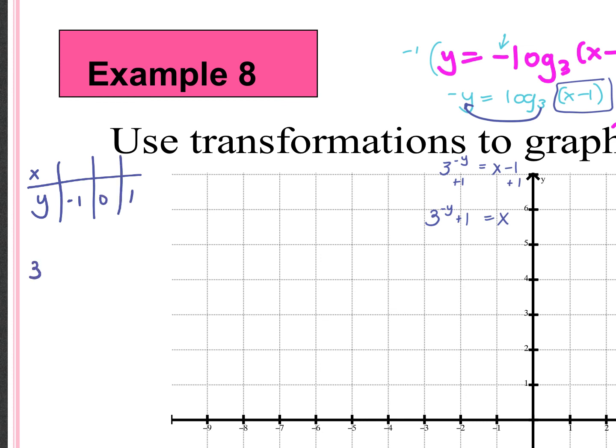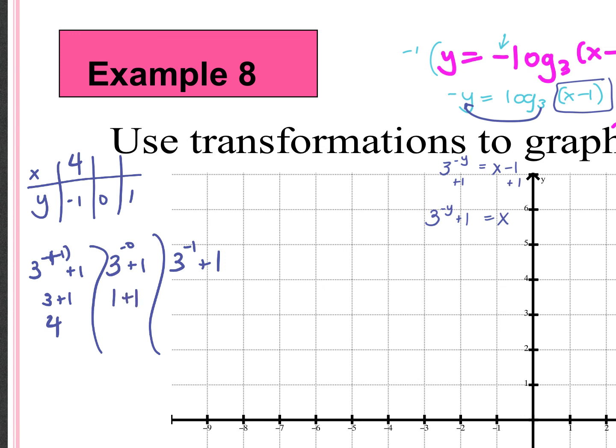So 3 to the negative 1 plus 1, 3 to the negative 0 plus 1, and 3 to the negative 1 plus 1. This becomes positive. 3 to the first is 3, plus 1 is 4. 3 to the 0 is 1, plus 1 is 2. 3 to the negative 1 is 1/3 plus 1, which is 1 1/3.